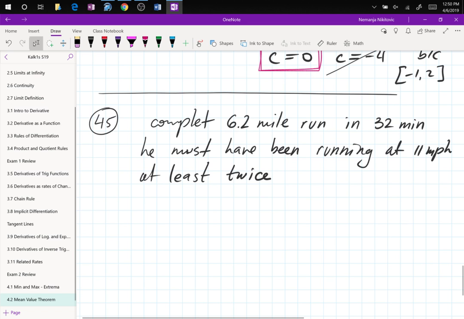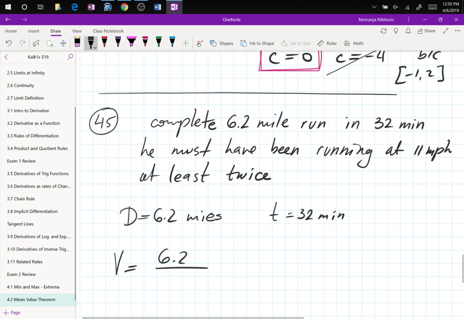All right, let's try. So we have the complete 6.2 mile run. So the distance d is 6.2 miles, and time is 32 minutes. So velocity, the speed, is going to be 6.2 miles divided by 32 minutes.